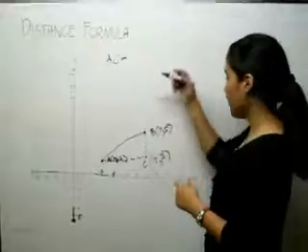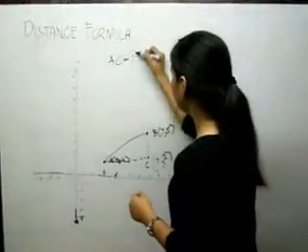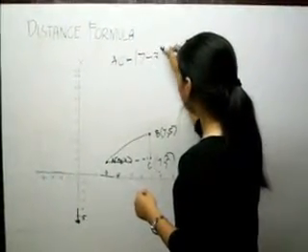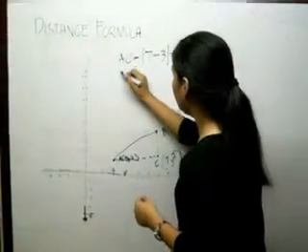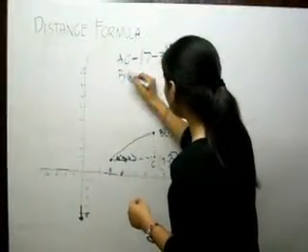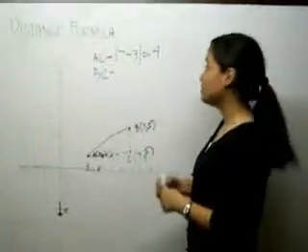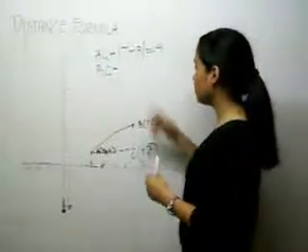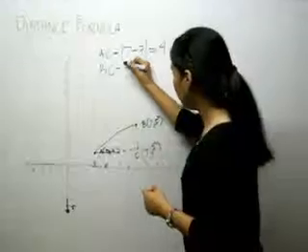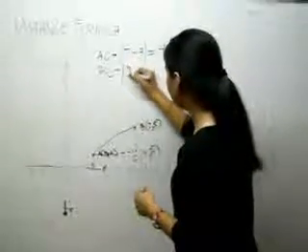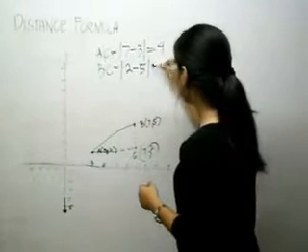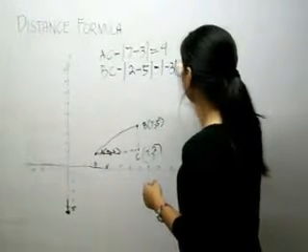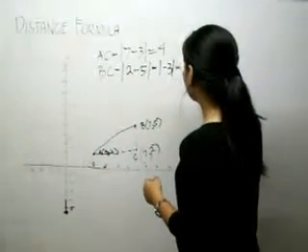The distance between A and C is equal to the absolute value of 7 minus 3, which is 4. And the distance between B and C is the absolute value of 2 minus 5, which is the absolute value of negative 3, and equals 3.